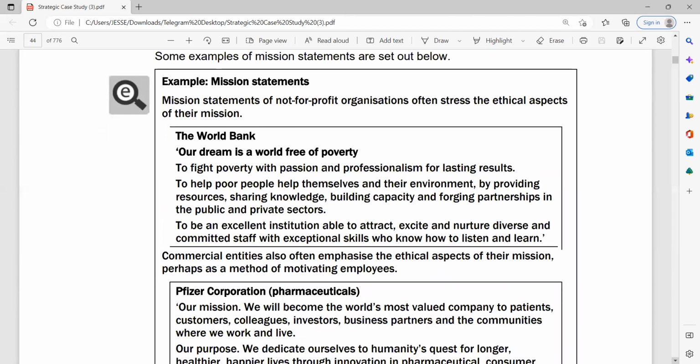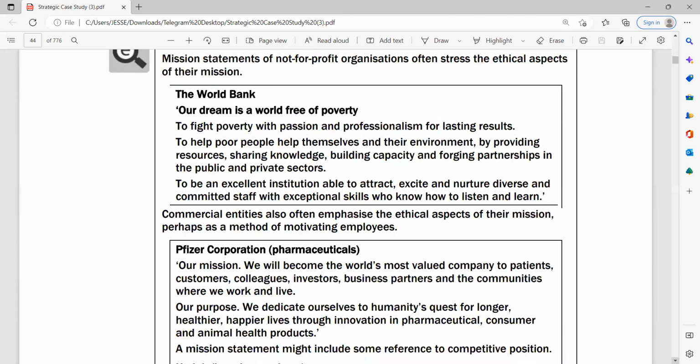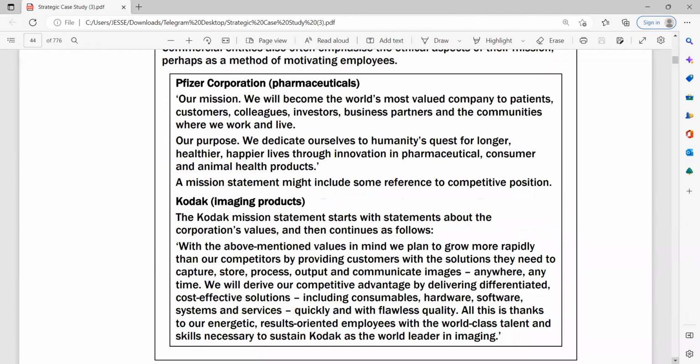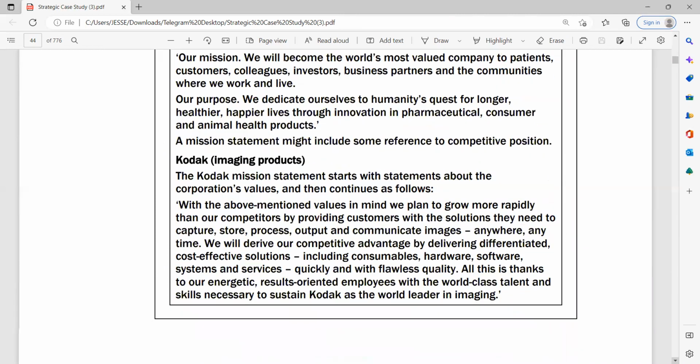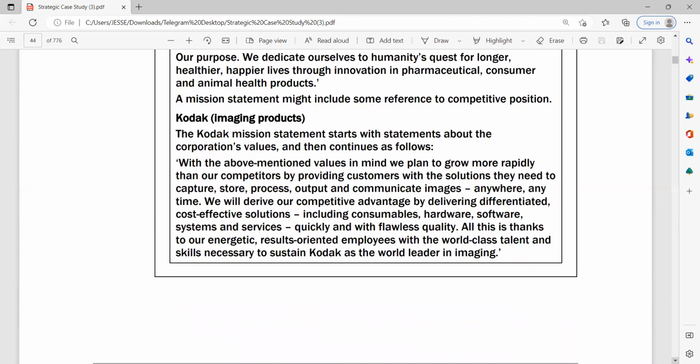For example, the dream of the World Bank is to see a world that is free of poverty, to fight poverty with passion and professionalism for lasting results, to help poor people help themselves and their environment. You can read through all of this when you have some time.